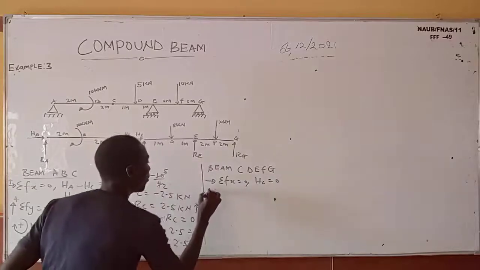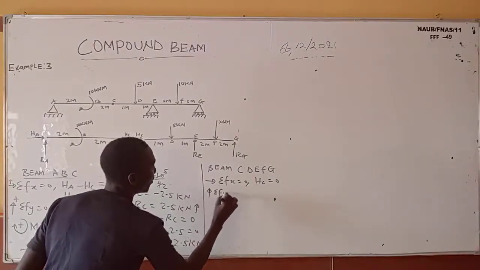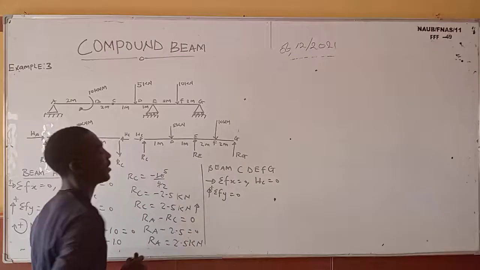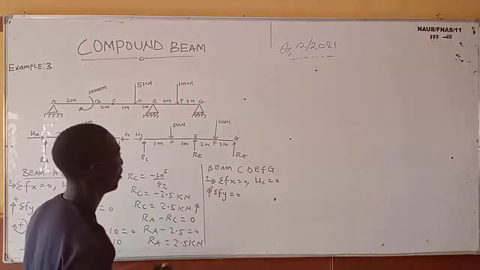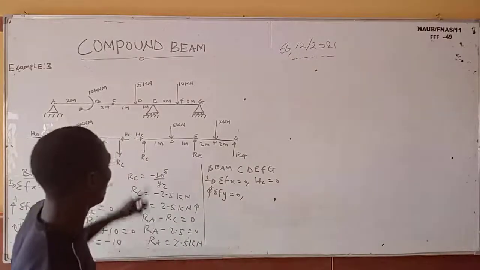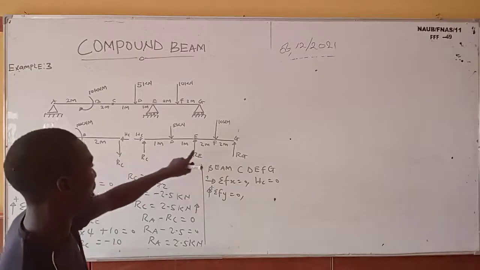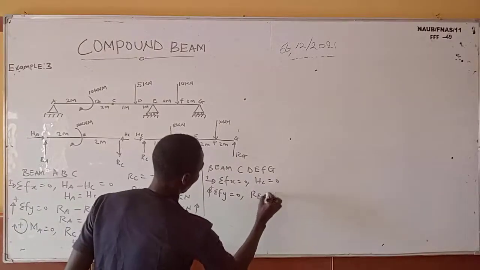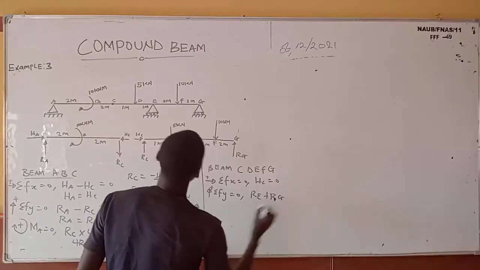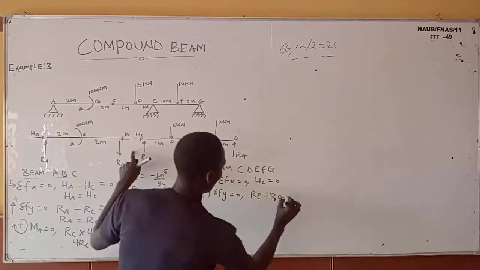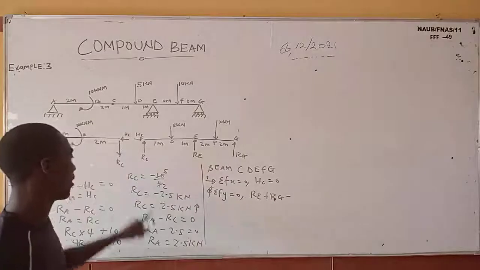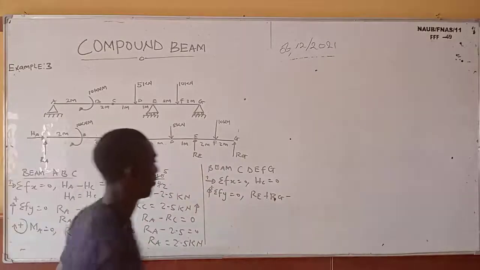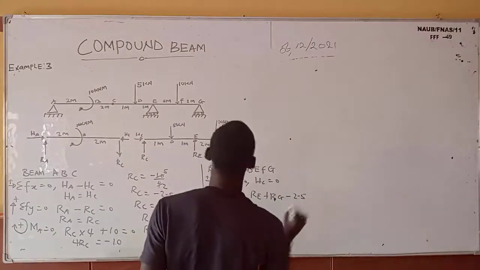So let's take summation of vertical forces equals 0, with my coordinate here positive. Now don't forget this one is a downward force. We are going to have this and this as upward force. RE plus RG minus RC, but RC is 2.5.